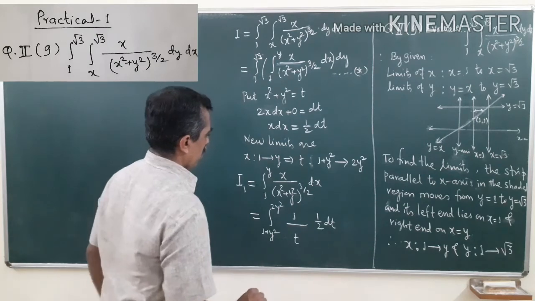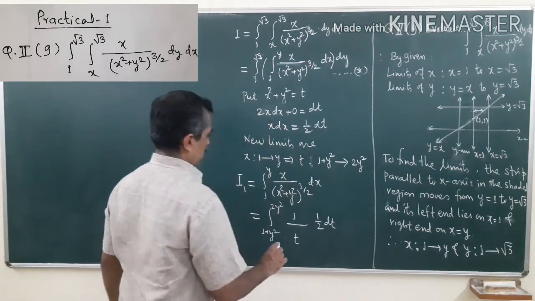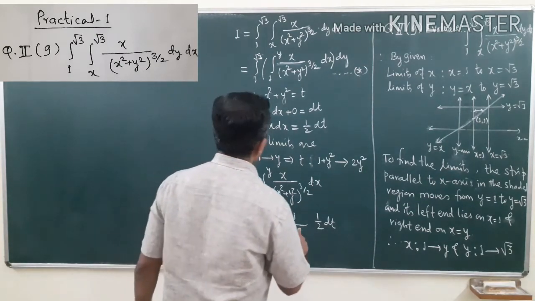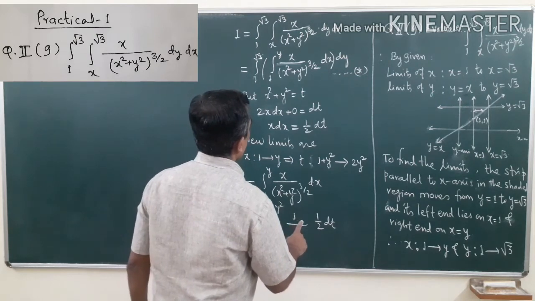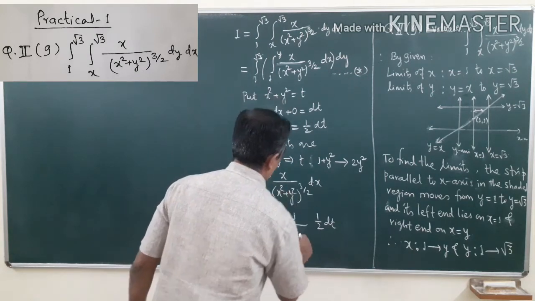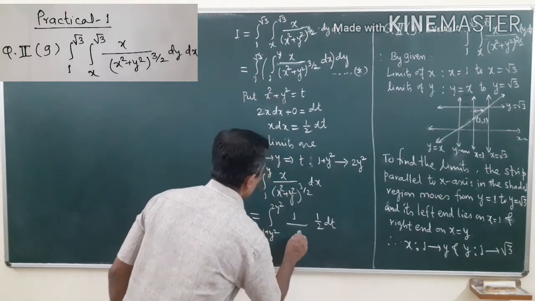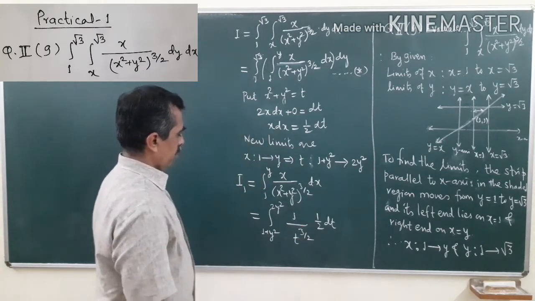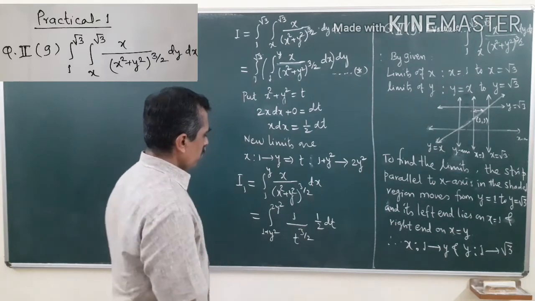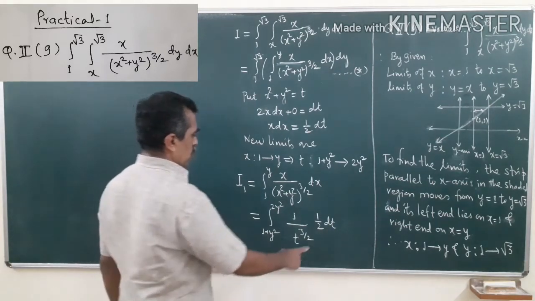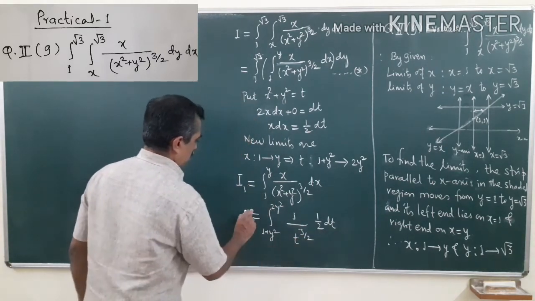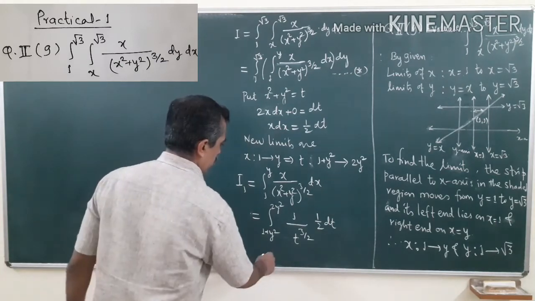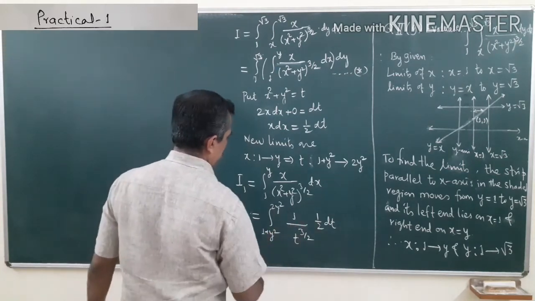So it is 1 upon t raised to 3 by 2 dt. So this is equal to, take half outside.